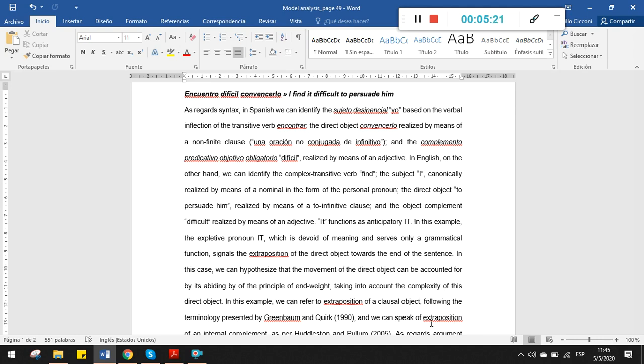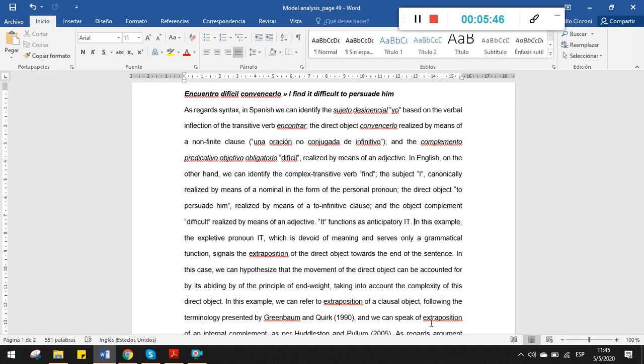In this case, we have to also explain the reasons for having the direct object in a position which is not the canonical position of the element.